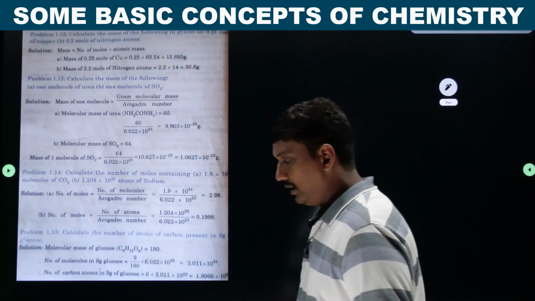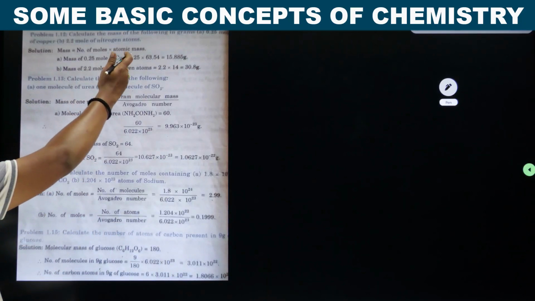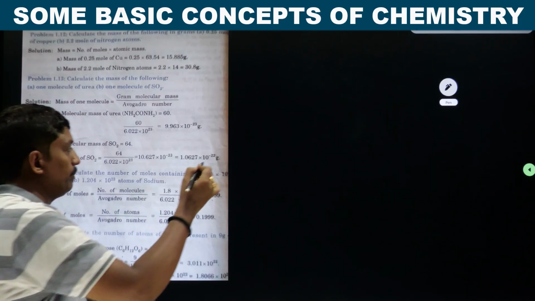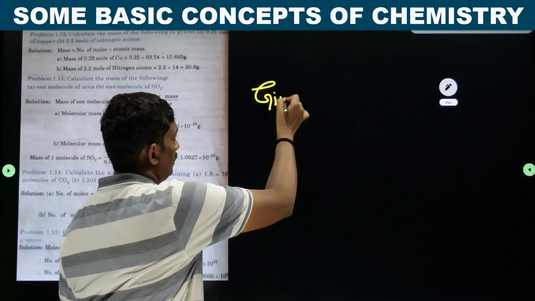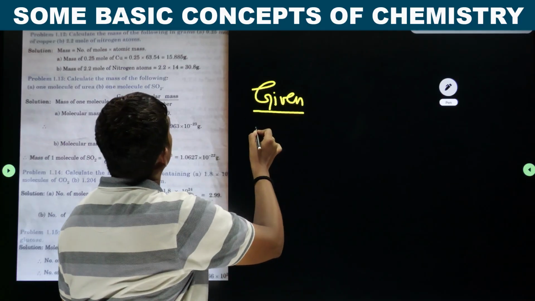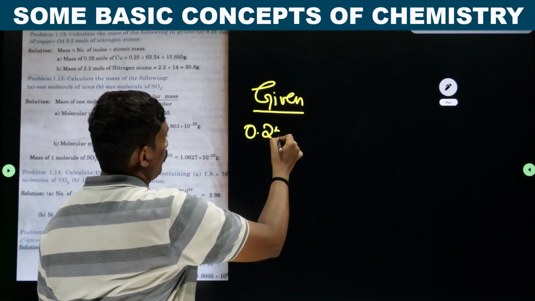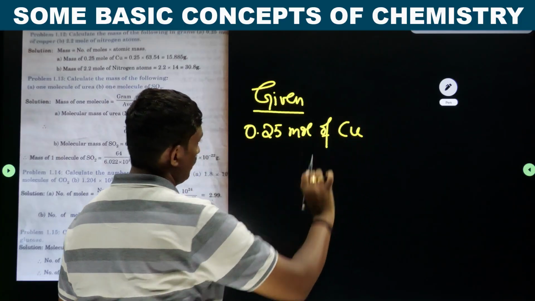Okay, next, let us take a problem on this. Calculate the mass of the following in grams: 0.25 moles of copper. What have they given? First you take down the data. Given data is 0.25 moles of copper.